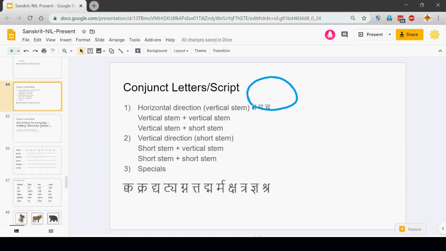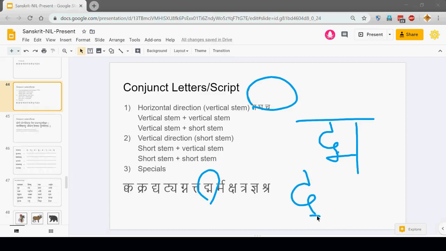If you see this one, at the top part we have a small da there, and then there is a ma part at the bottom. So again, following our guideline from top to bottom, the top we can separate as a consonant, and the bottom part we can write fully. So it will be dma.